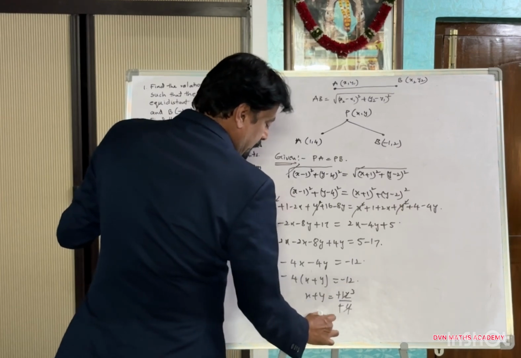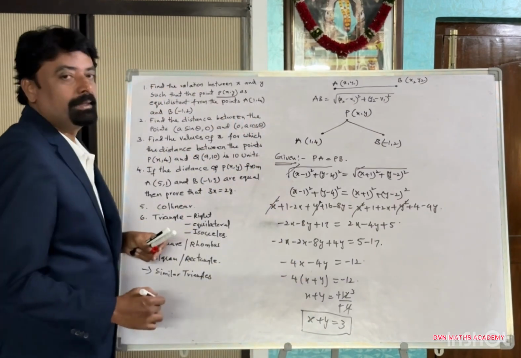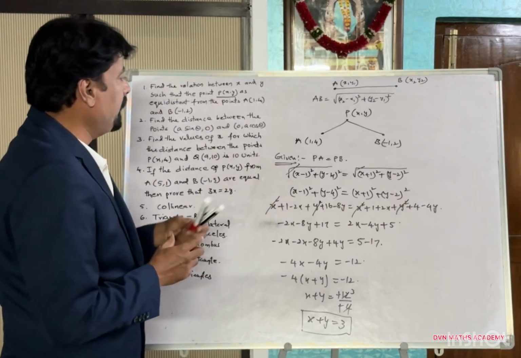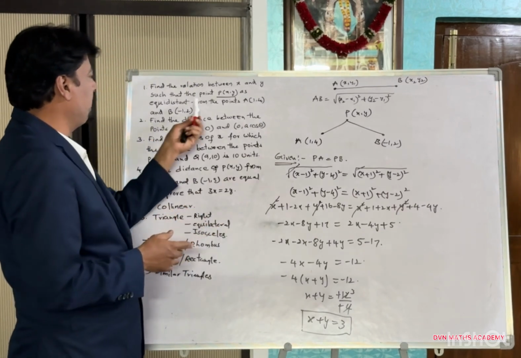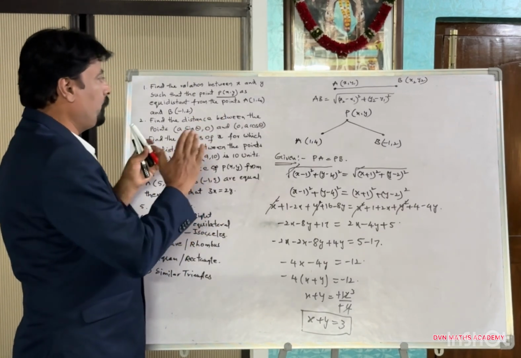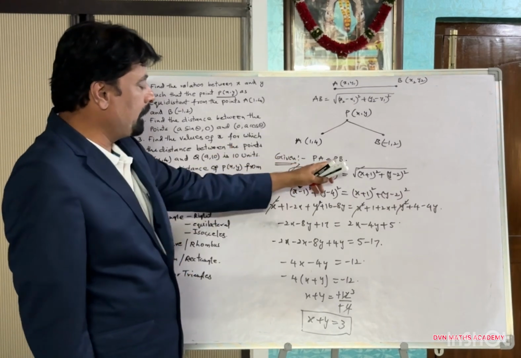So x plus y is equal to 3. This is the relation between x and y. By applying the distance formula, I solved this question. It is asking what the relation between x and y is, I mean I want to form a relation between x and y. Just apply the distance formula and equate the distances.